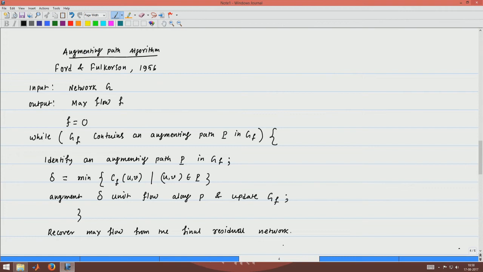So, I hope that you understood this augmenting path algorithm, or the Ford-Fulkerson algorithm, to find the maximum flow in a network. But somehow I feel that you might be wondering why we need a residual network, why we do not just find a path in the original network and augment that amount of flow in the network.